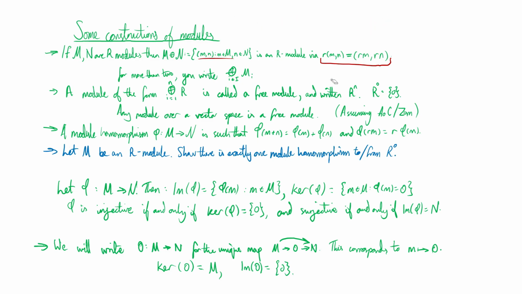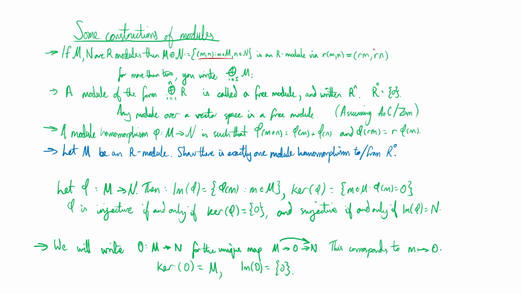So, when we have a module which is the direct sum of a ring over and over again, then you can write it as vectors, and it's called a free module. And the 0th power of R is 0. You can technically have R to the infinity, but let's stick with finite rank free modules.